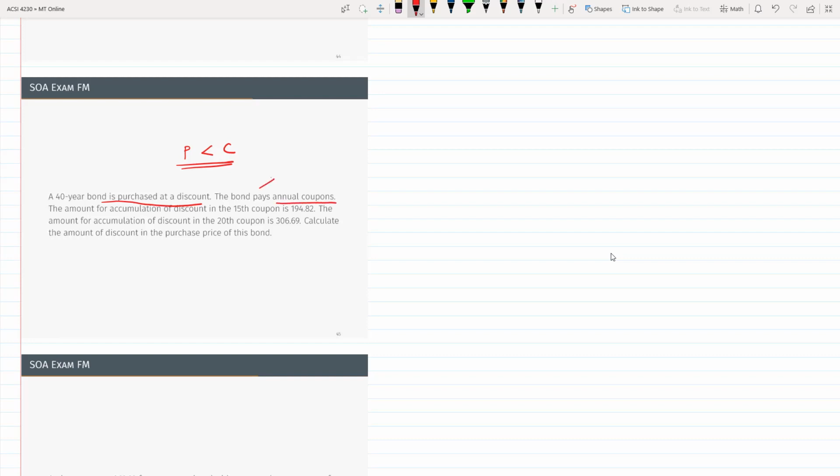So this one is annual coupon. The amount for accumulation of discount in the 15th coupon is 194.